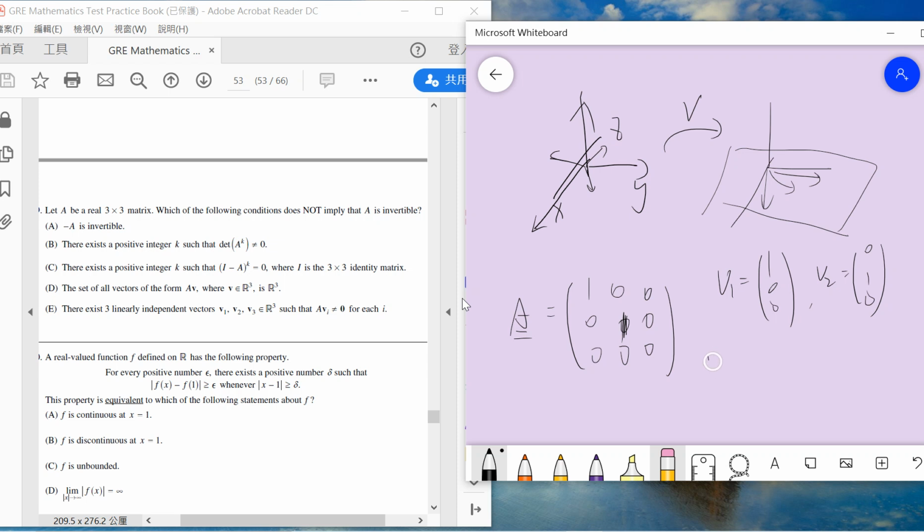So I can choose V3 equal to 1 0 1 or any other vector, and so AV3 is 1 0 0. So AV3 is non-zero, but V3 cannot be written as a linear combination of V1 and V2, because the third component is always 0. So the answer is E.